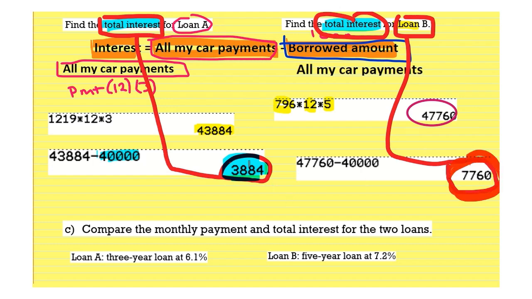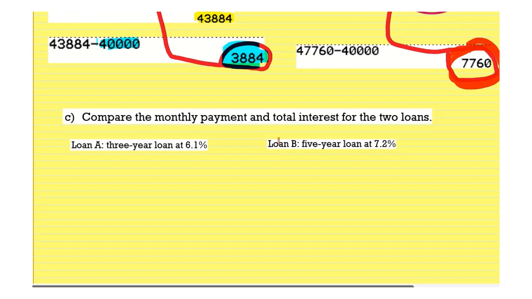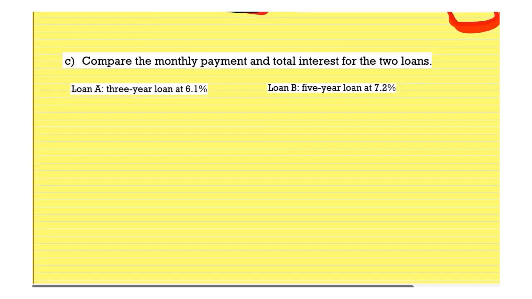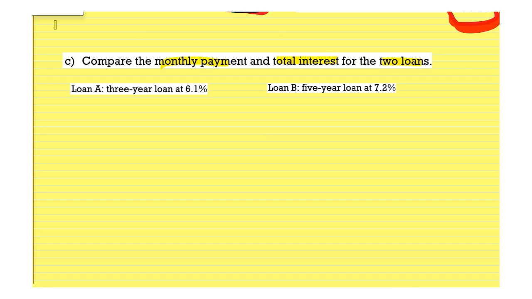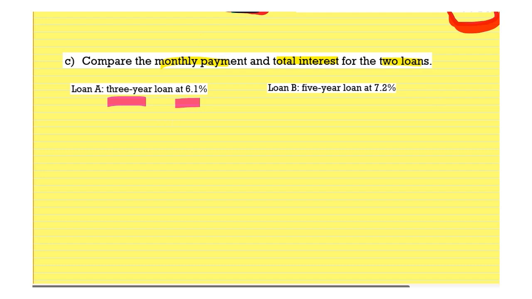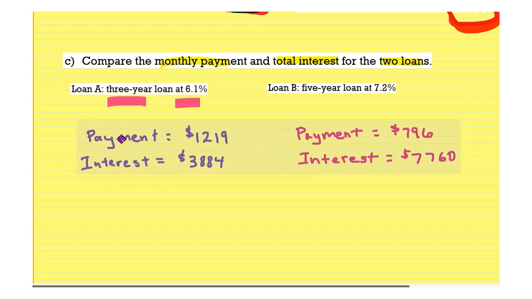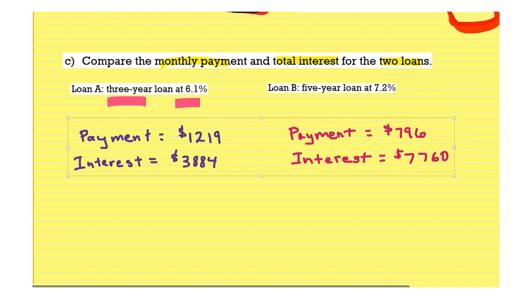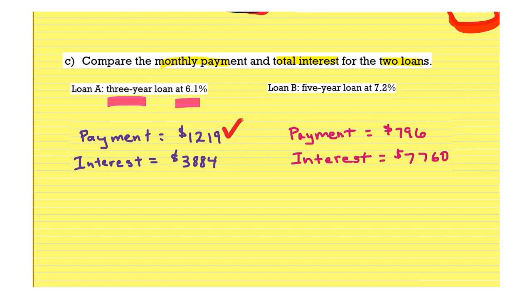So the thing is, I'm paying less interest on loan A, and I am paying more interest on loan B. But we want to go ahead and compare those things. We want to compare the monthly payment and the total interest for both of my loans. My first loan was the 3-year loan with the 6.1% interest. So we just found out that our payment for the 3-year loan is equal to $1,219.